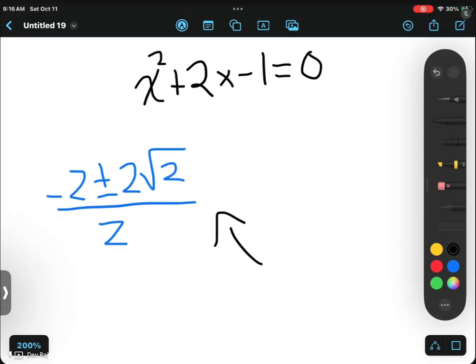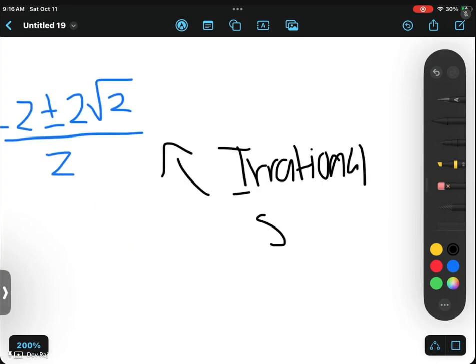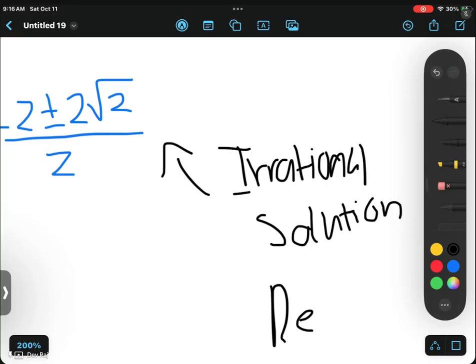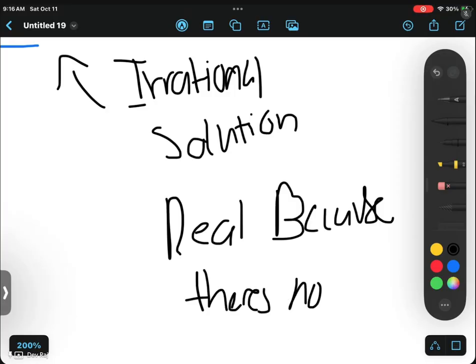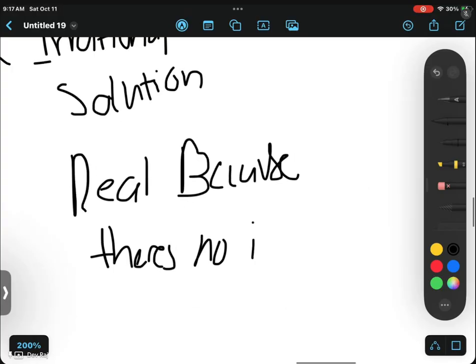And this is what we call an irrational solution. Right, and would this be real or would it be complex? Okay, and why do you say that? Yeah, because there's no i. Right.